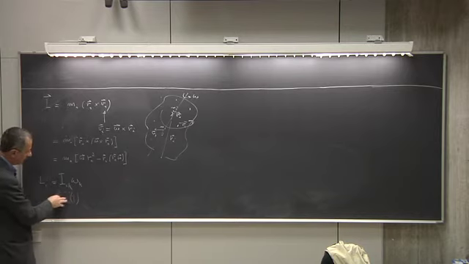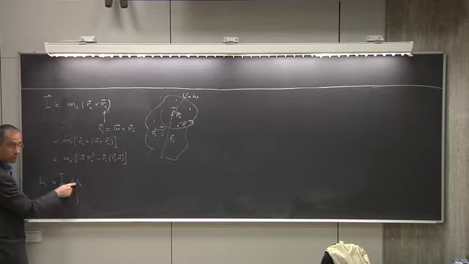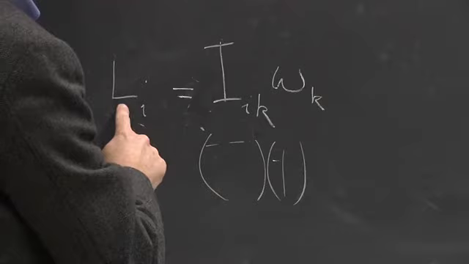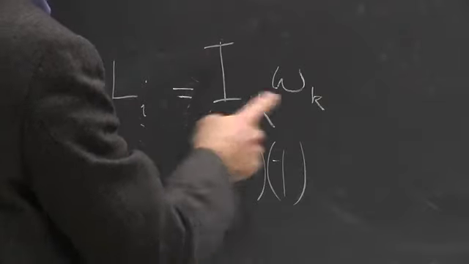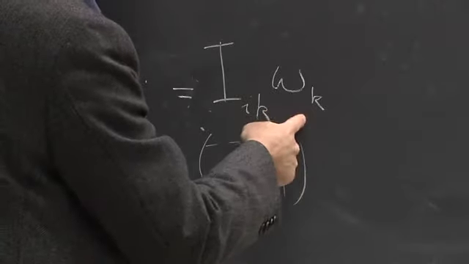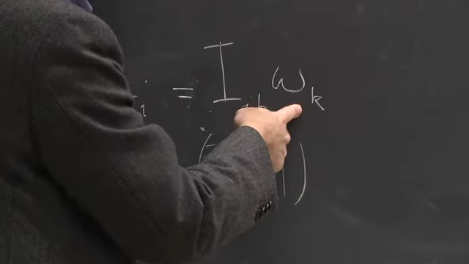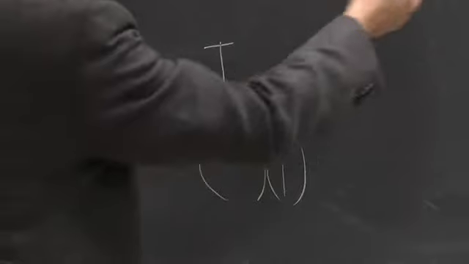And the point here is that you are mixing the components of this vector according to the matrix. So, as I said, it's not true that the I component of the angular momentum is proportional to the I component of the angular velocity. They get mixed. You see that from here.